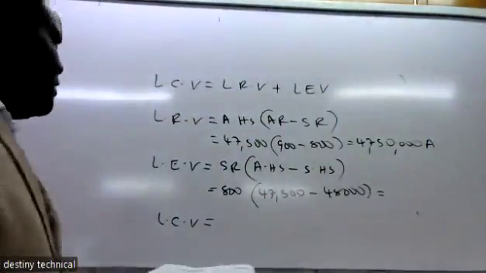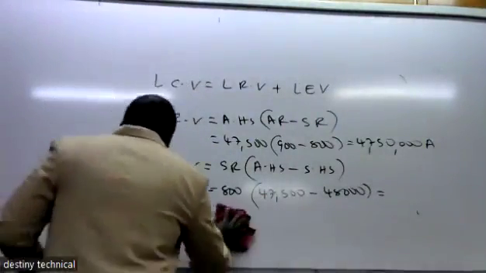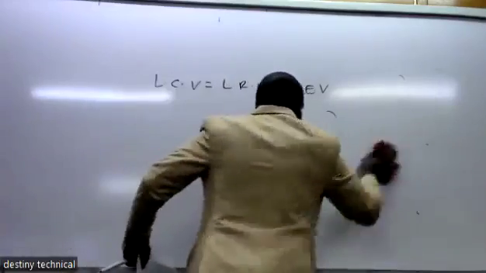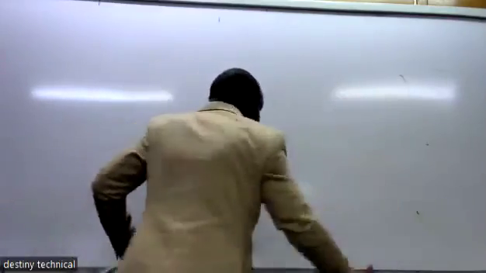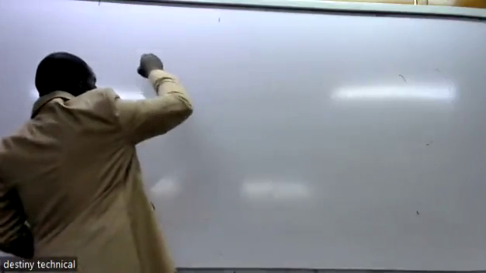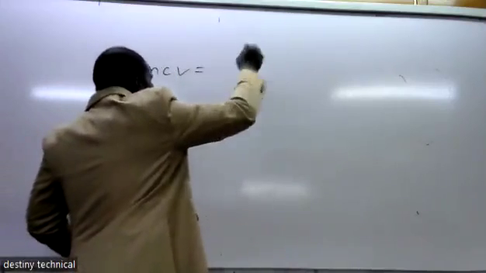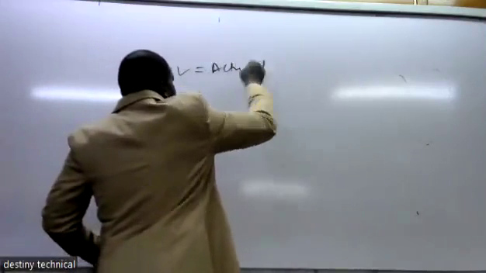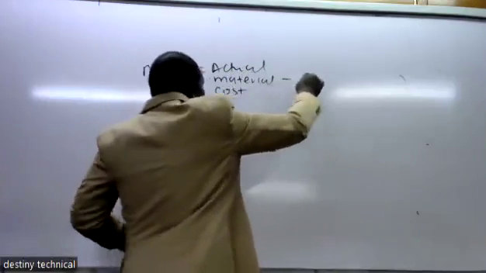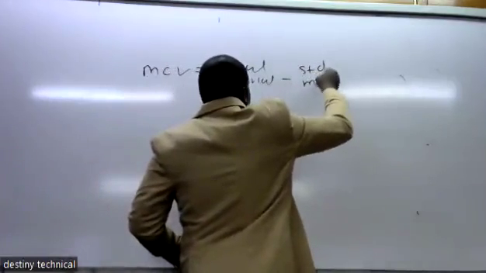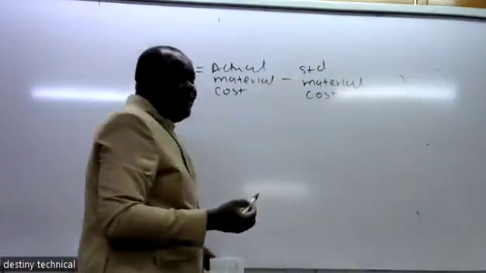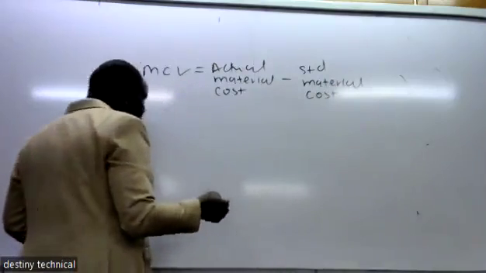So to get the material cost variance, we simply take the actual material cost, subtract the standard material cost.